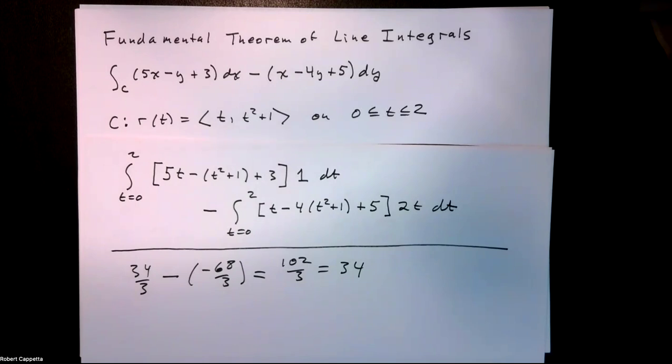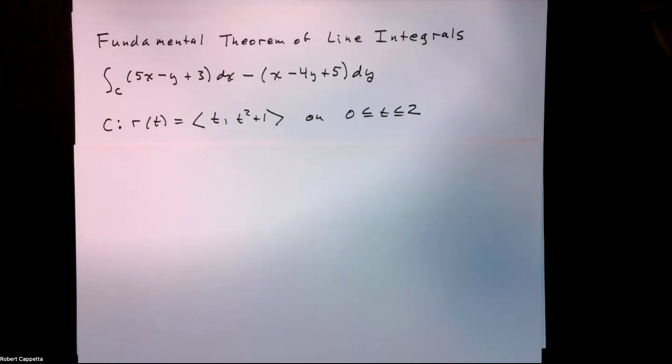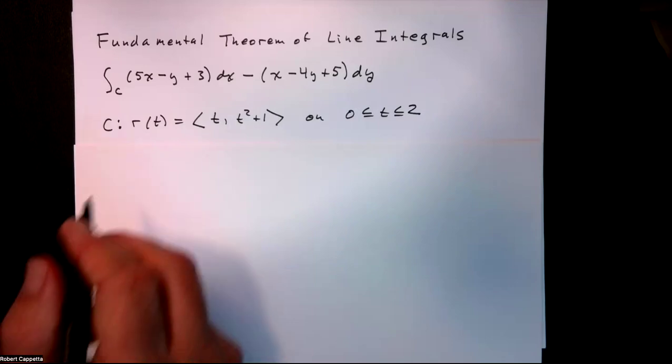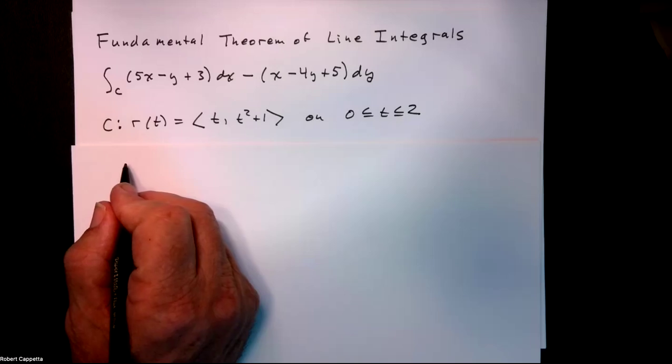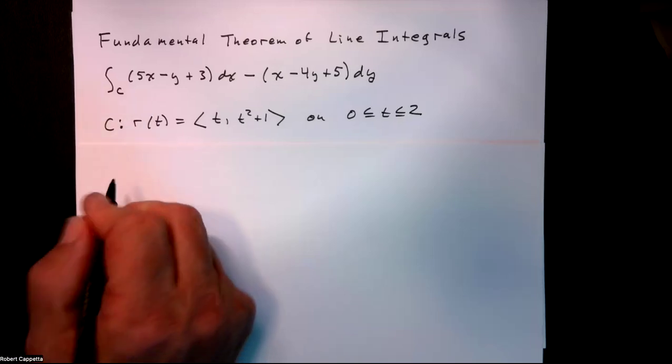Now, the goal is to also solve this with the fundamental theorem of line integrals if it is possible. Remember, it's possible if we can find a potential function, which means if the original vector field is conservative, we can solve this with that theorem. I want to rewrite this original problem as an F dot dr problem, so it is indeed going to be work.